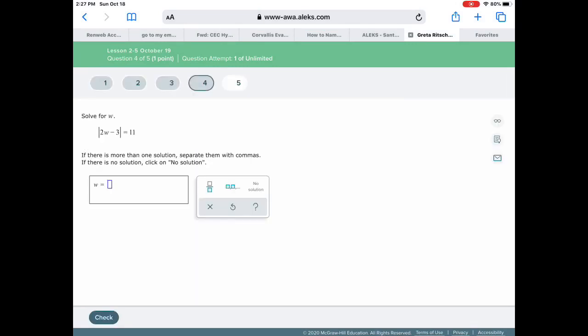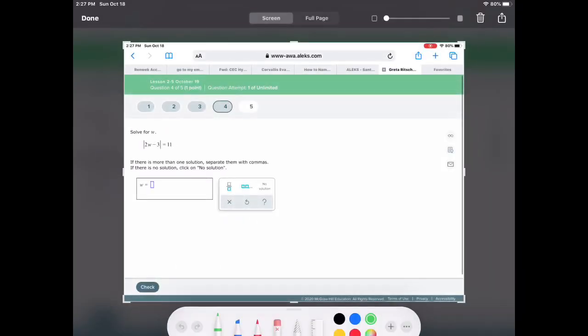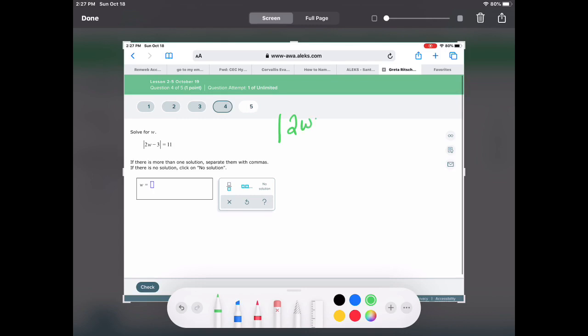In number 4, we have the absolute value of 2w minus 3 equals 11. And so we know that what's inside the absolute value signs there, 2w minus 3, that whole thing could equal 11, or it could equal -11 before we take off the absolute value signs. So we're going to have to solve two problems. We need to think of both possibilities.